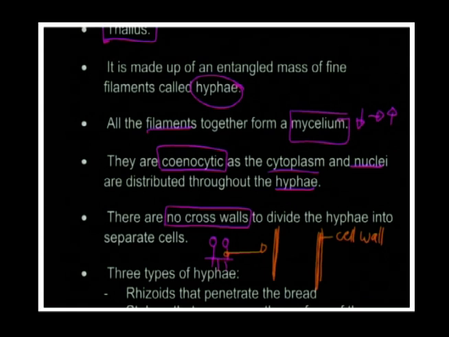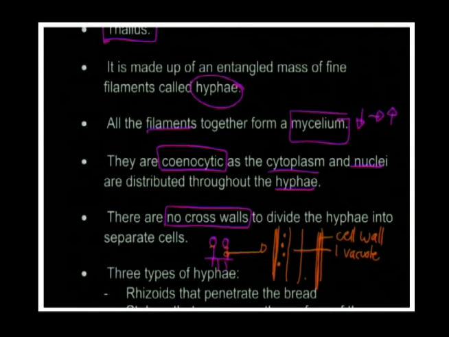And notice that we still call it a cell wall. Then, running through the whole inside, up to the columella, all the way through here, we have one large continuous vacuole. All right? So in other words, through the whole bread mold, there is one vacuole.